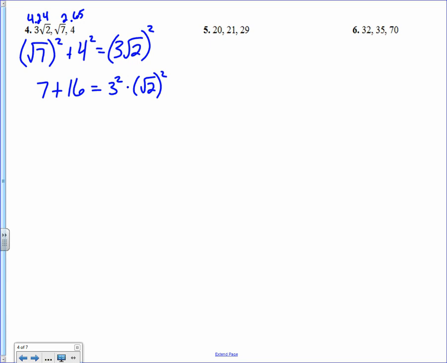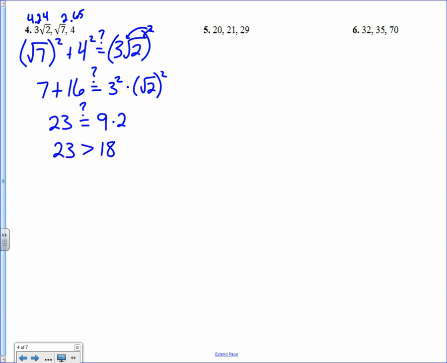So an exponent over multiplication, we can kind of distribute that 2. 23 equals, but now I'm thinking we probably should have put a question mark in there, equals 9 times, again, the square root of 2 squared is 2, so 23, that is bigger than 18.